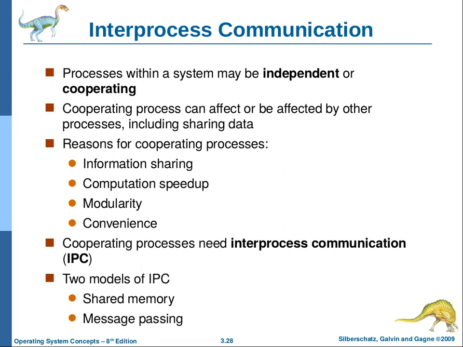Cooperating processes need inter-process communication. So inter-process is how 2 processes communicate from one to another. There's 2 models. One is shared memory and the other is message passing. Shared memory is where they're going to say, I'm going to share this piece of memory with you. Anytime I write to the memory, you will get that read. So they're literally sharing a piece of memory. The other one's message passing.